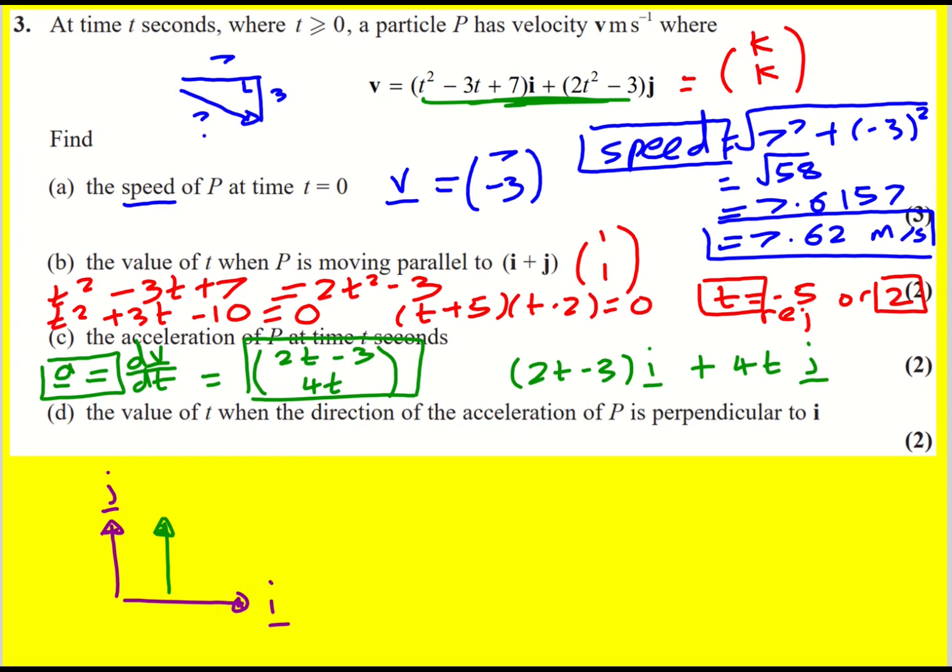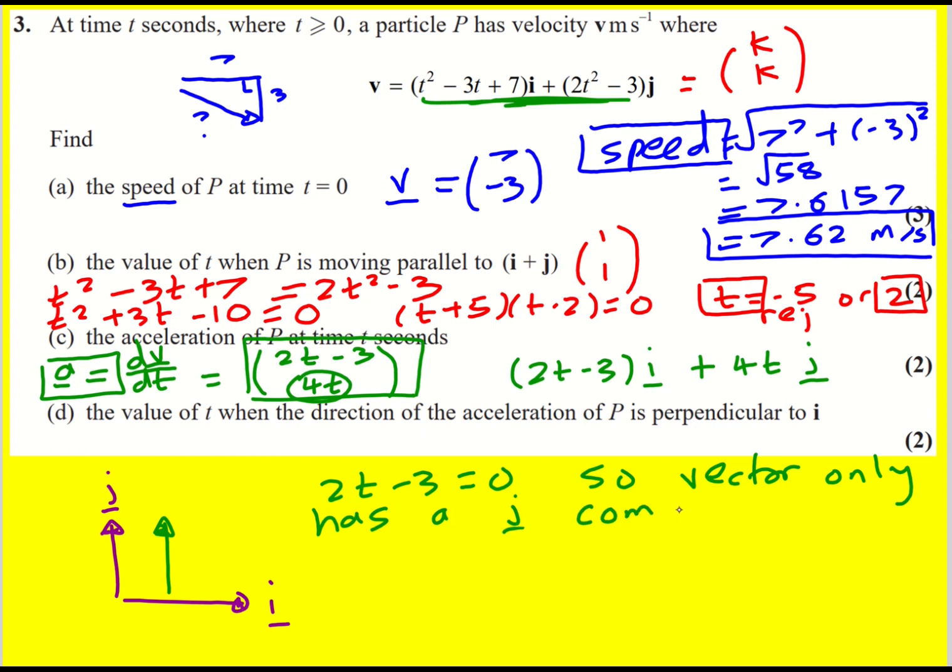So I need this to be non-zero, but most important thing is that 2t minus 3, the i component, is going to be equal to 0. I can just solve this. t is 3 over 2, or 1.5.